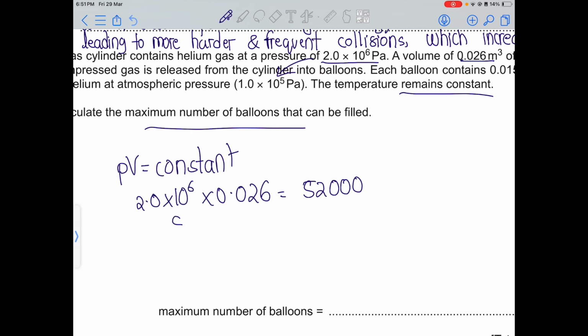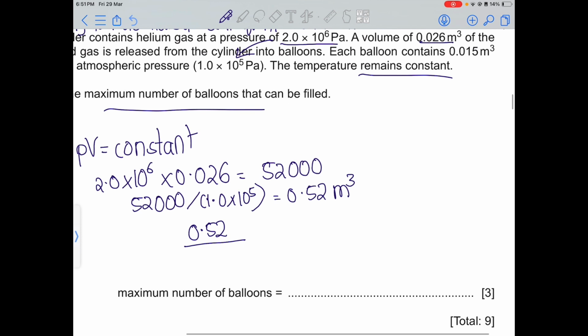Then 52,000 divided by 1.0 × 10^5 is 0.52 meters cubed. So that would be your volume. Now, if I have 0.52 to fill, and one balloon uses up 0.015, that would be 34. So 34 balloons.